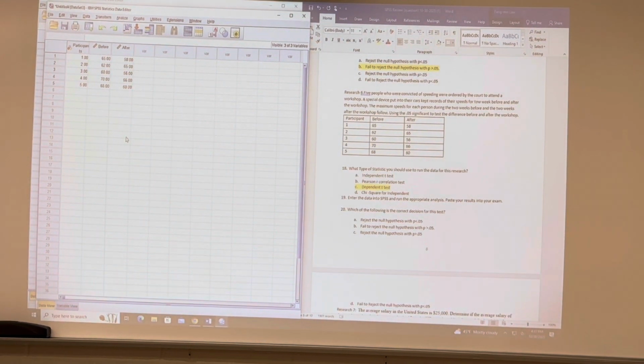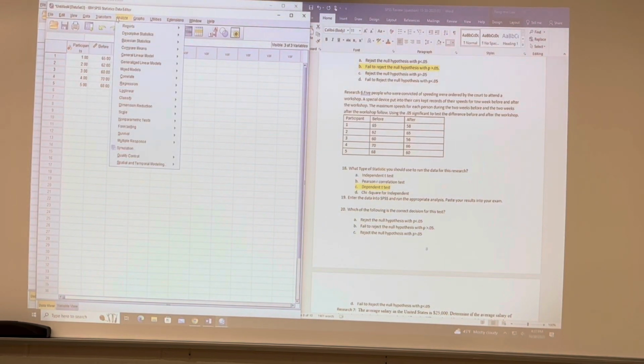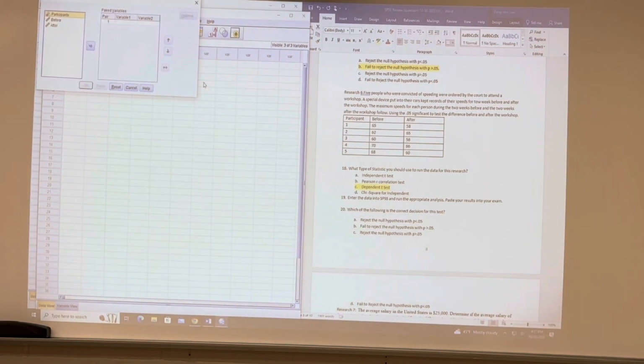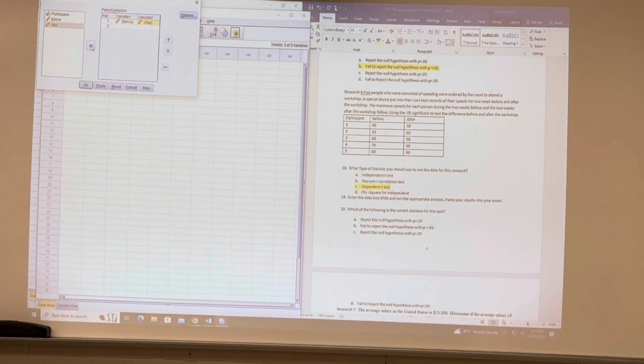Okay, so how do we run it? We go to compare means, paired sample t-test. Okay, and you click before and then after. Okay, and let us fix here, 95%, okay?